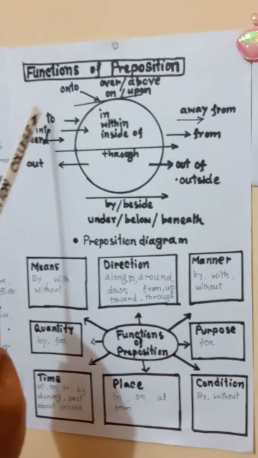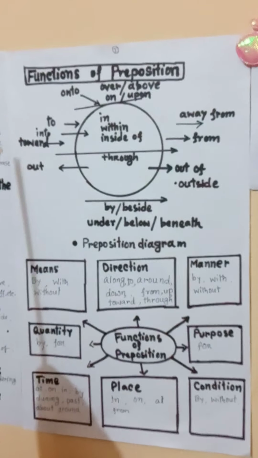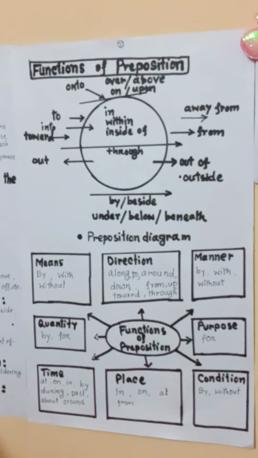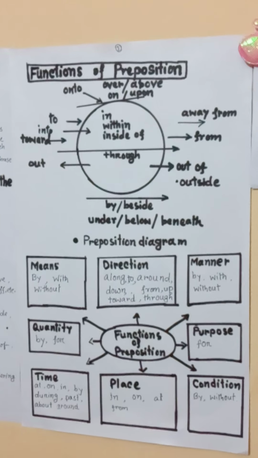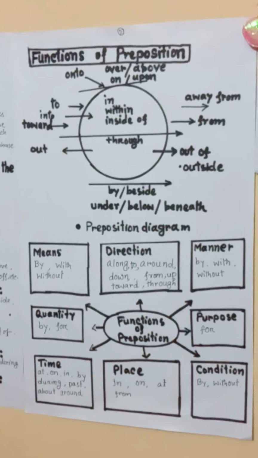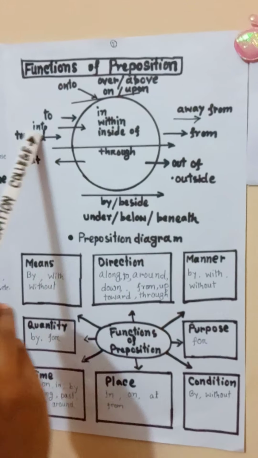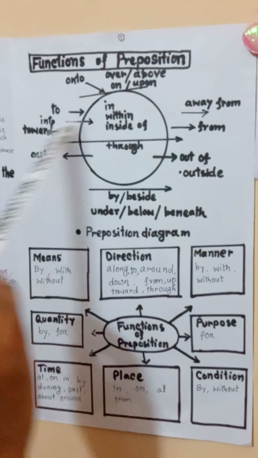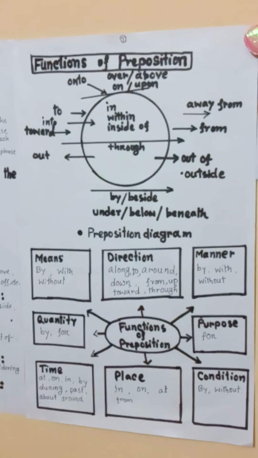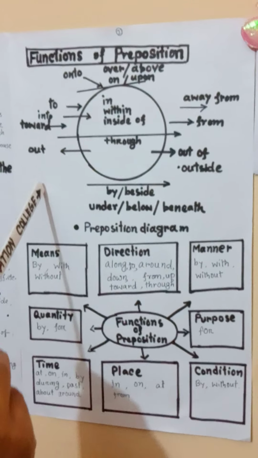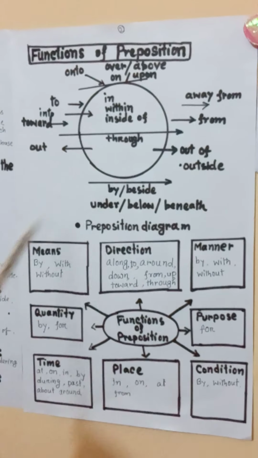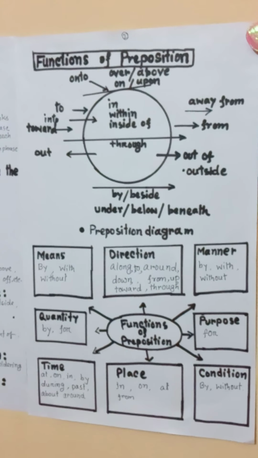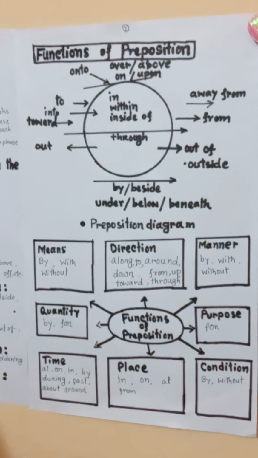Then to, অভিমুখে, দিকে বুঝাবে. Into, if there is a change of place, that is movement, we use into. Suppose you entered the room, you can say the boy or I ran into the room.